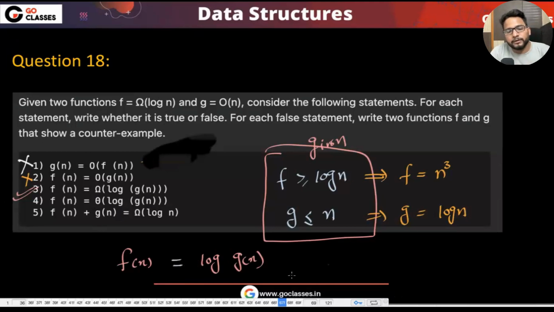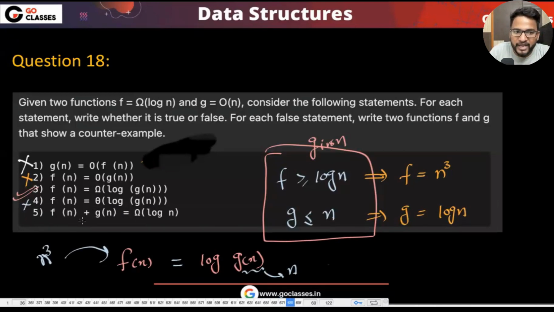Can you think of a counter example where these two functions are not equal? Fn could be n cube, right? Gn could be n. So that's why this need not be theta.